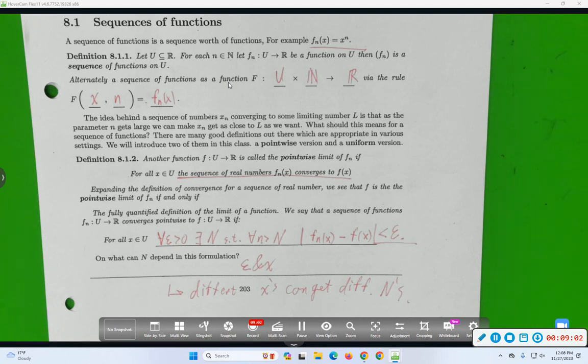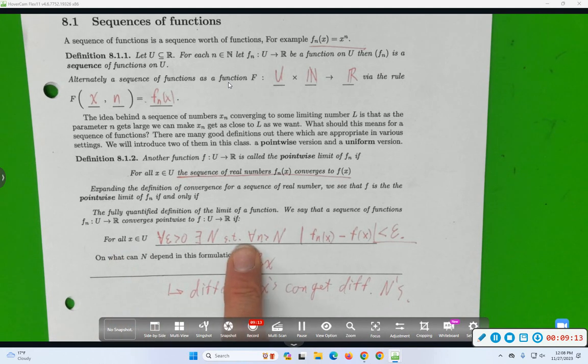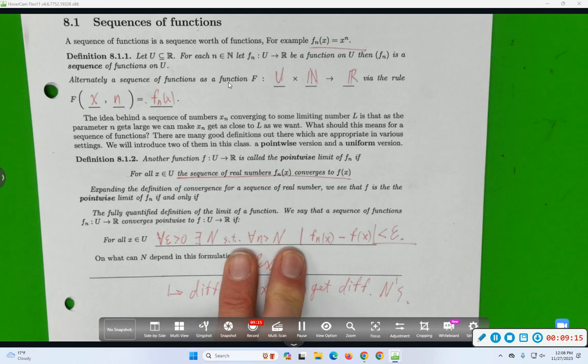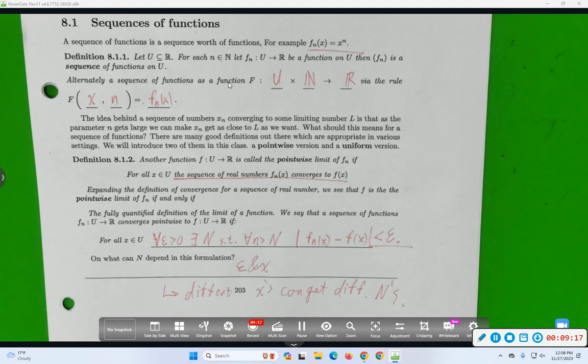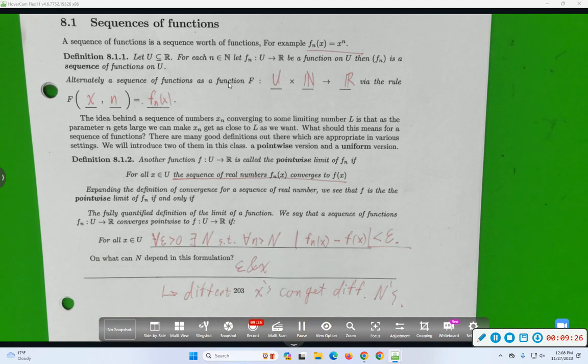Move the for all x in U over to the for all n greater than N. Yeah, it doesn't matter what order you put universal quantifiers in, and it doesn't matter what order you put existential quantifiers in, but it matters if you swap the order of existentials and universals. Yeah, just move that to after there exists a big N.